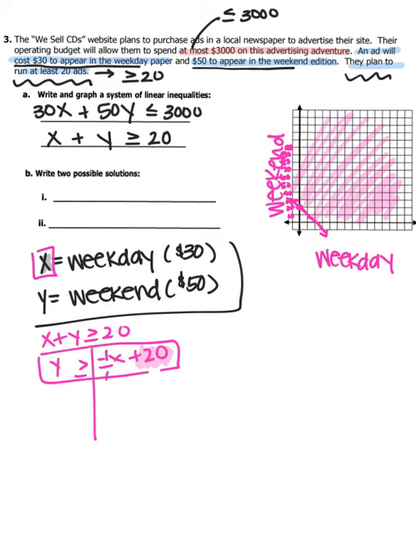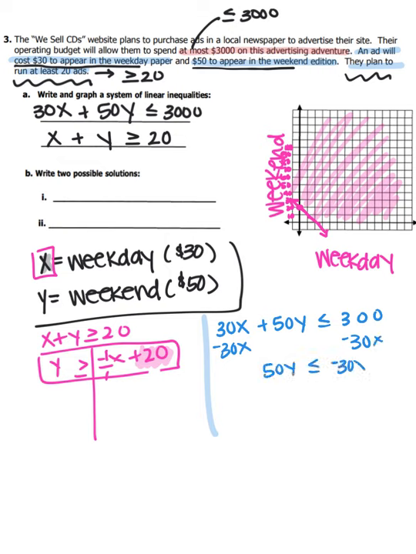All right, when I solve my next one, I have 30x plus 50y is less than or equal to 300. So I would first subtract this 30x and put it on the other side. So I have 50y is less than or equal to negative 30x plus 300.